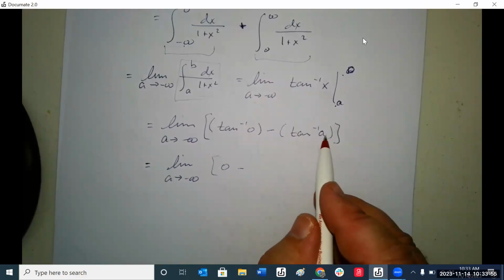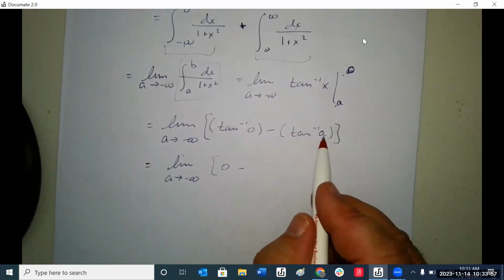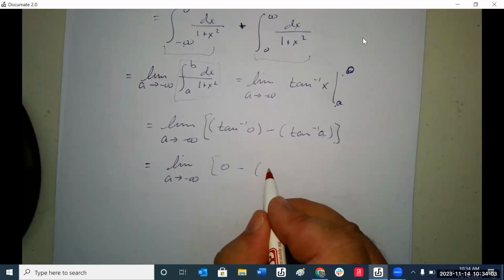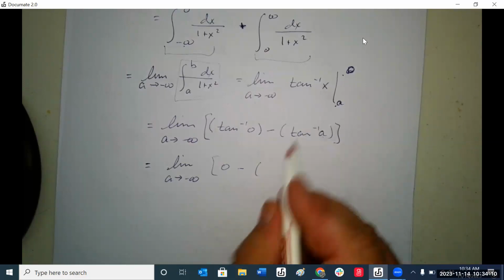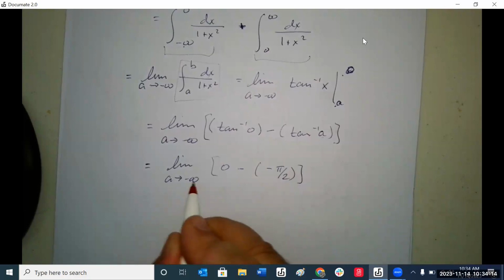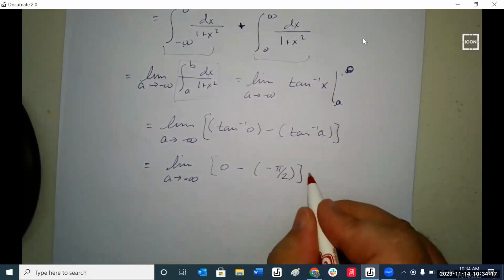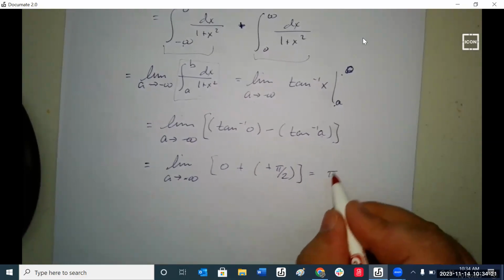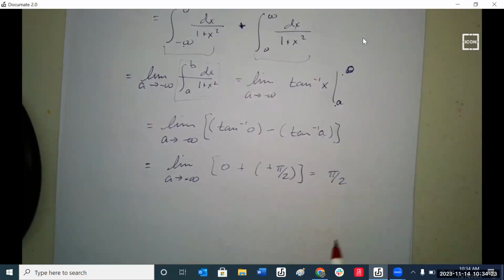Where is it equal to 0? Inverse is cosine over sine, so it's at pi over 2. We're doing inverse, and we're going to negative infinity. So as A goes to negative infinity, our limit converges to pi over 2. That's the first one.